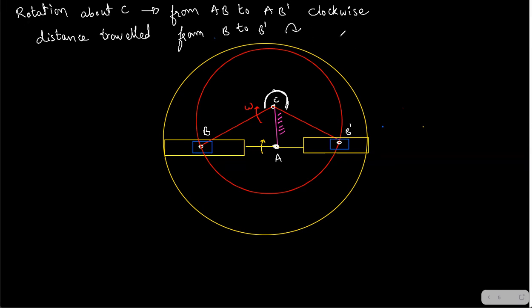Is it the same as the distance traveled from B dash to B? Just tell me. Is this distance the same, or is it equal to the distance traveled from B dash to B clockwise? So it is not equal.